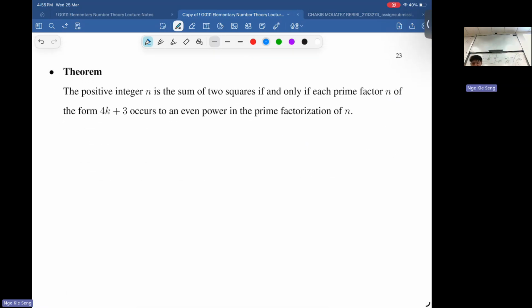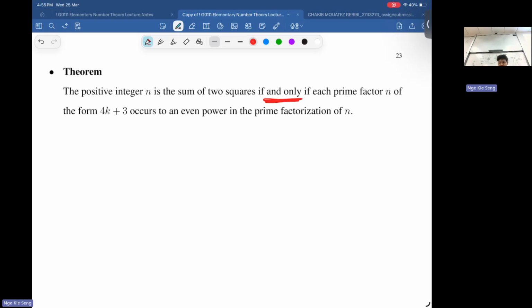Okay, next one. So the positive integer n is the sum of two square if and only if each prime factor of n of the form 4k plus 3 occurs to an even power in the prime factorization. So this gives another actually necessary and sufficient condition, if and only if.